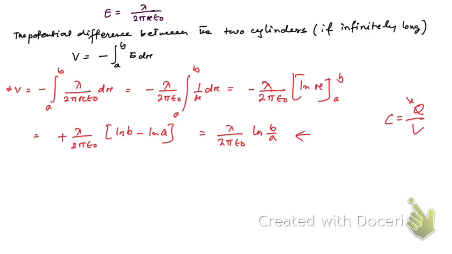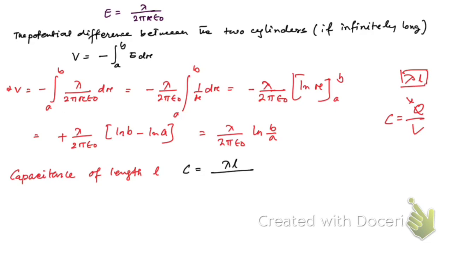And charge, for charge per unit length lambda, the total charge is going to be lambda into L for length L. So here we're going to get, okay, capacitance of length L, C is equal to lambda into L divided by the potential difference, that is lambda by 2 pi epsilon naught natural log b by a.